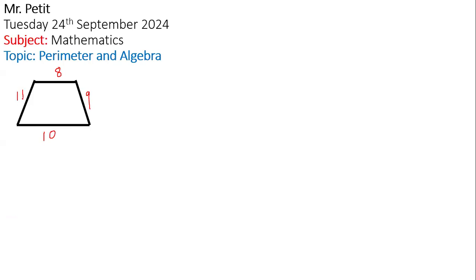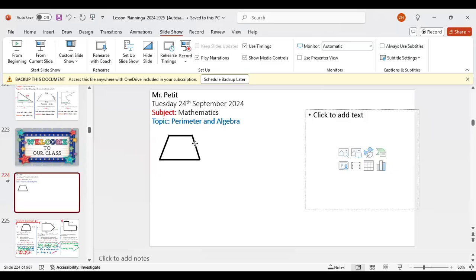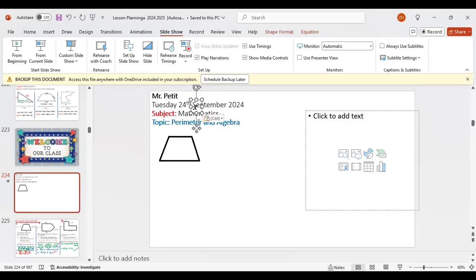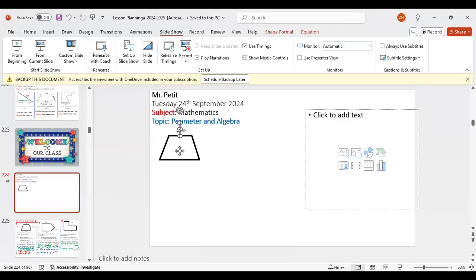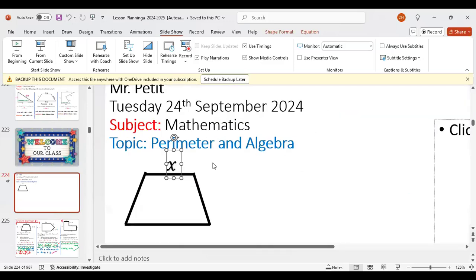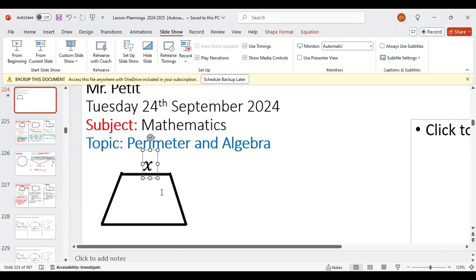And to find the perimeter of a shape like this, we just would add up 8, 9, 10, and 11. But in this case, we have letters and numbers. So let's say that this one is X. We're gonna call this side X. That's the name of this side. Let me enlarge this. So this side is X.